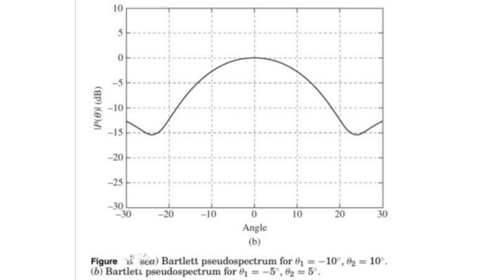In the Bartlett spectrum, you can see the theta values from the first picture we discussed, from minus 10 degrees to 10 degrees. Now the second example has theta pseudo spectrum values from minus 5 degrees to 5 degrees. So these are the examples of Bartlett estimation of angle of arrival.